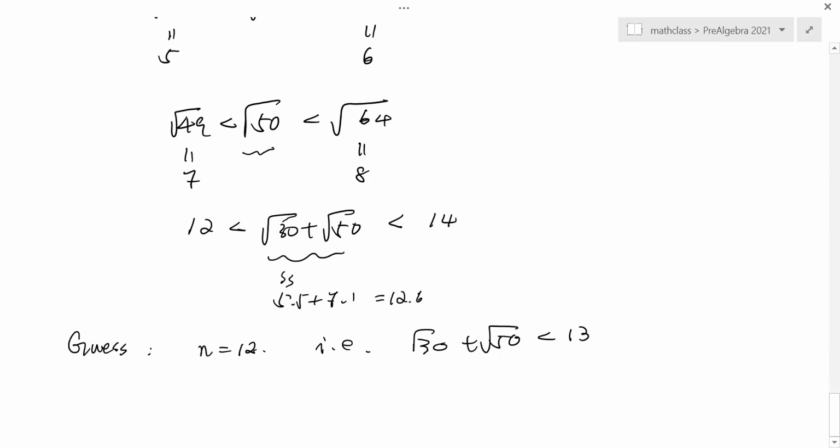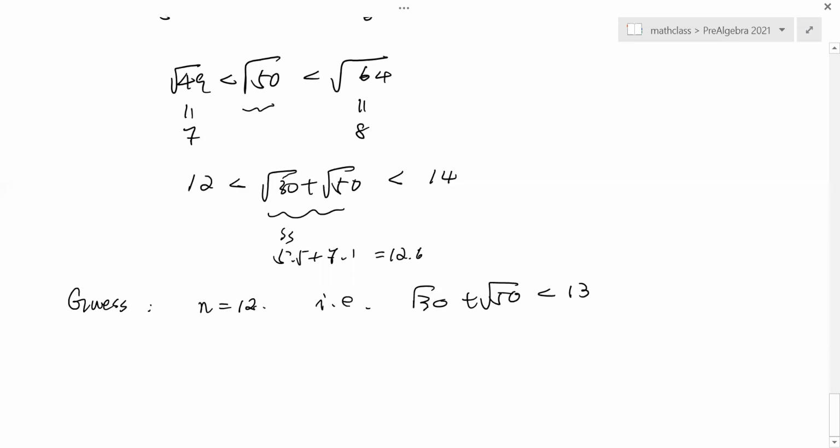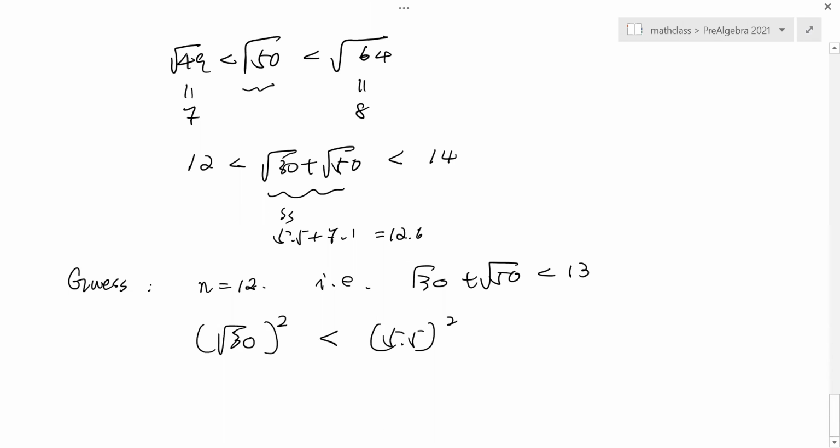All right, so I double check. Is the square root of 30 less than 5.5? Square it, I want to see which number is bigger.